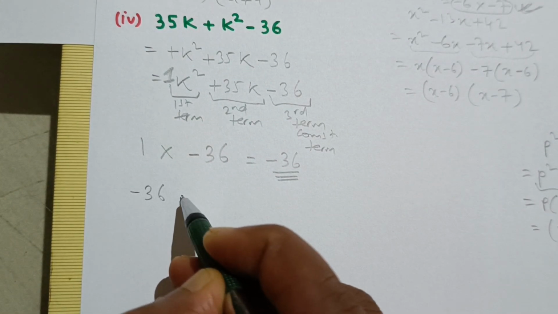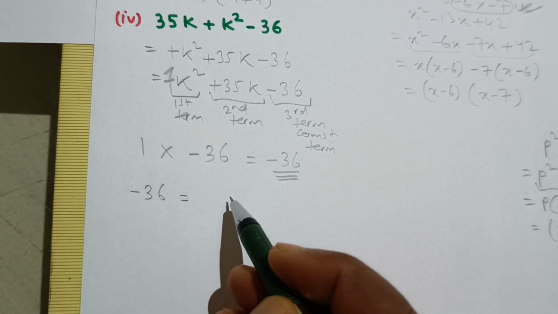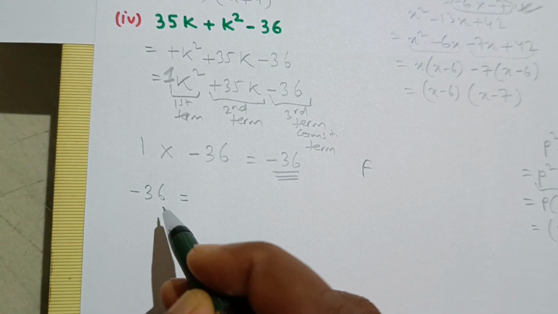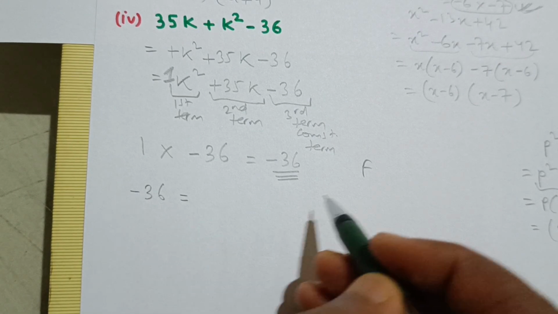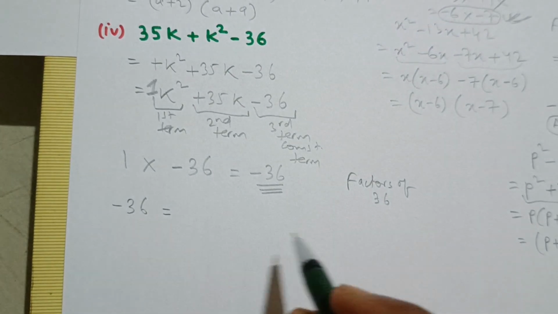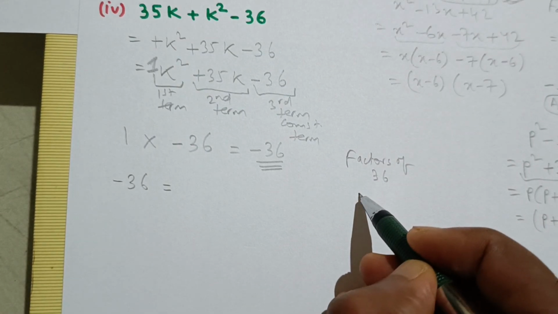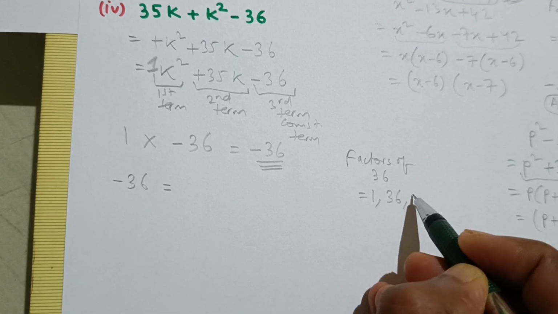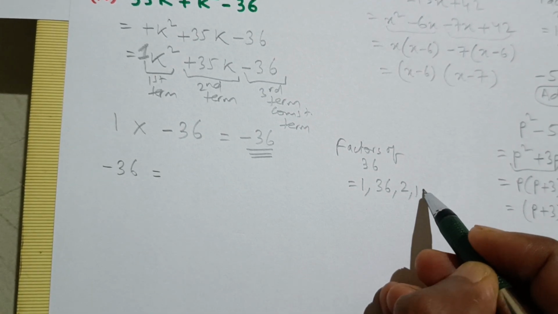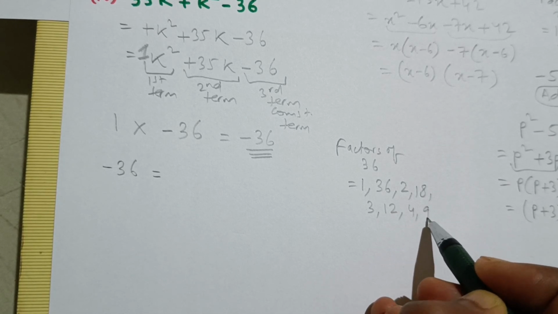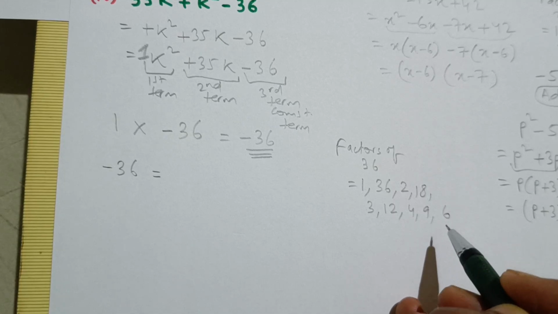So minus 36. You have to find all possible integer pairs whose product is minus 36. First let us find all the factors of simply the number 36. What are the factors of 36? 1, 36, 2, 18, 3, 12, 4, 9 and 6.